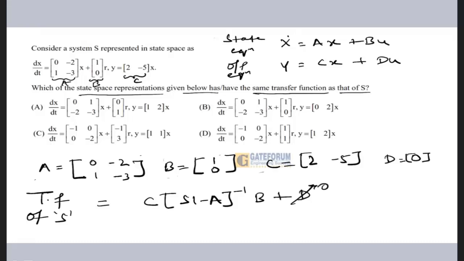Now you can see here that this is not in the controllable form, so you have to go by the actual method. First I have to find (sI minus A) inverse. So that is adjoint of (sI minus A) by determinant of (sI minus A), right?